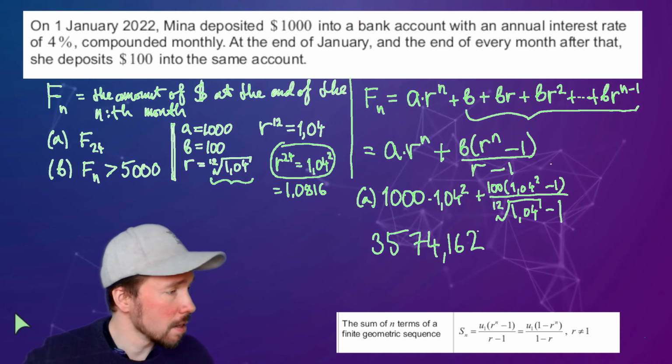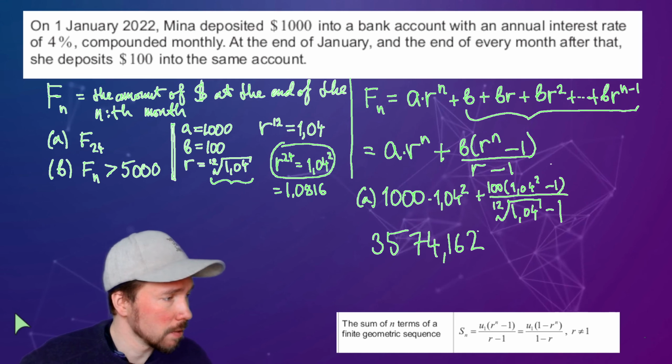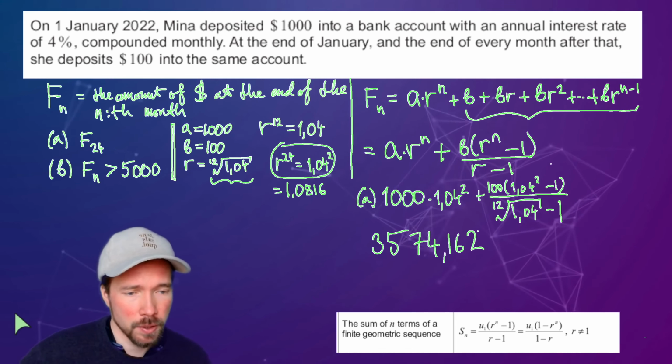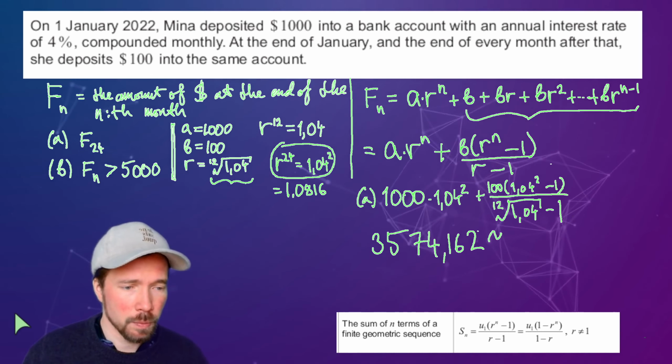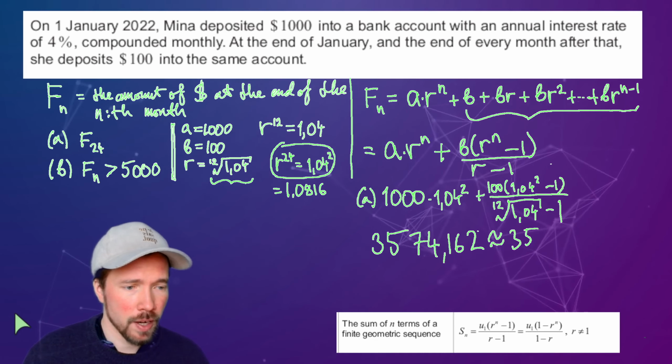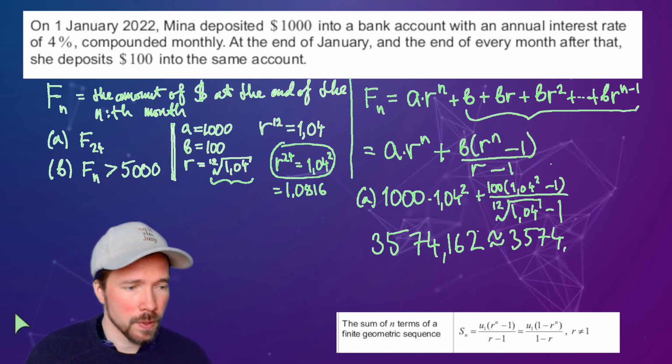Now they asked us, I believe, to give 2 decimal precision, because that makes sense when you're talking about dollars. So that would be 3574.16.